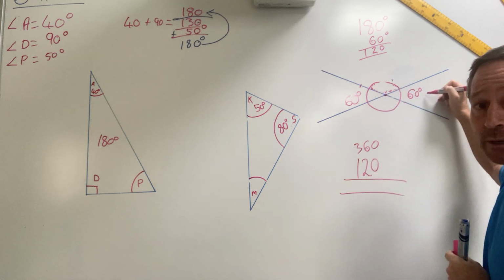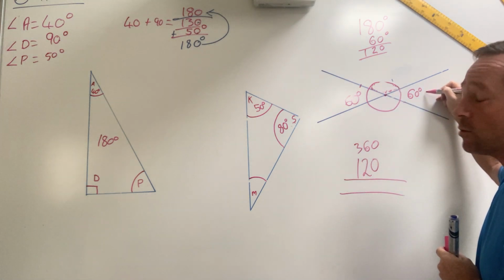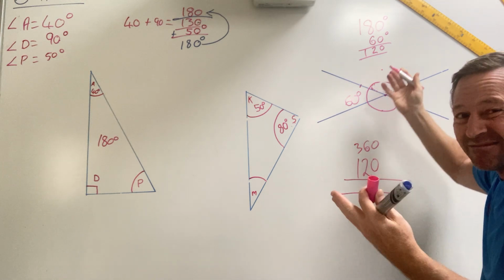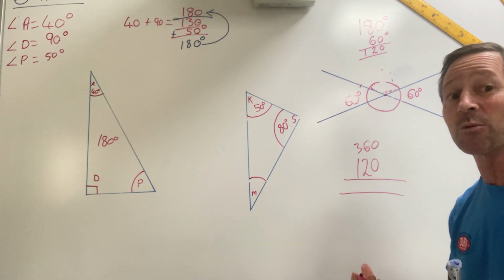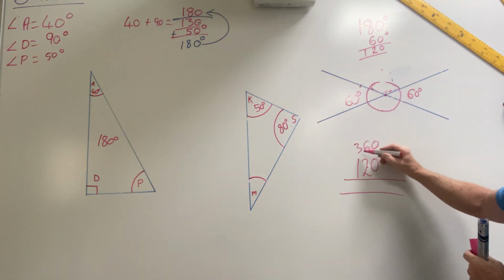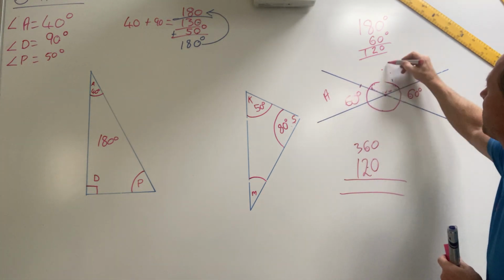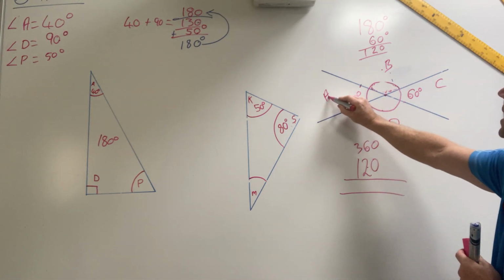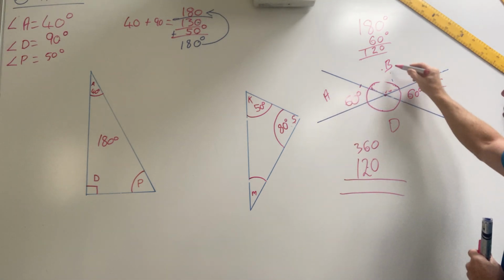I know this one must be equal because vertically opposite angles are equal. This angle will be equal to this one. But at the moment, we're not sure what it is, even though we do. 60 plus 60 is 120. So let's say this is angle A, B, C, D. Angle A is equal to C. Angle B is equal to D.